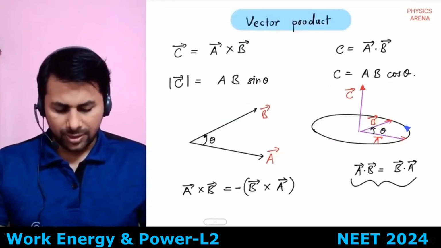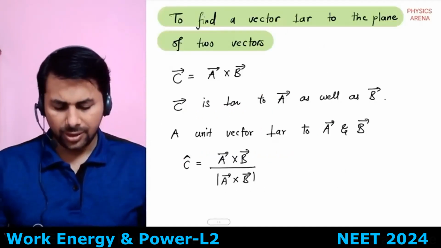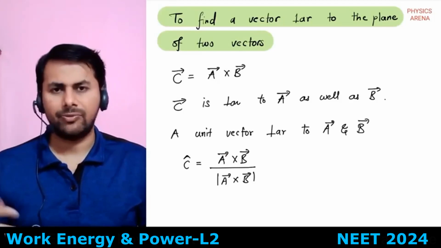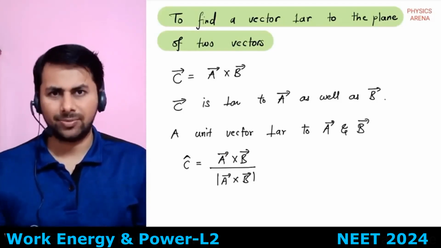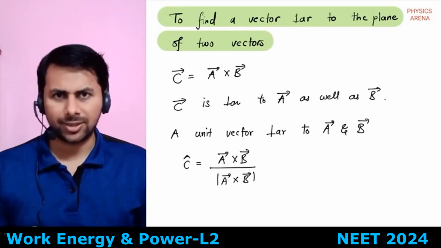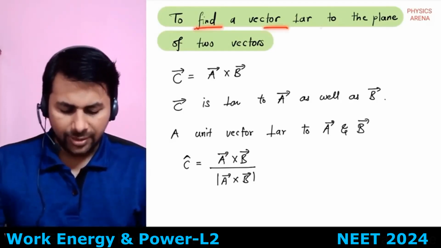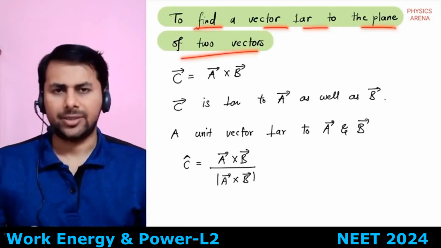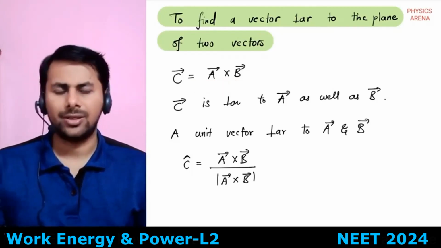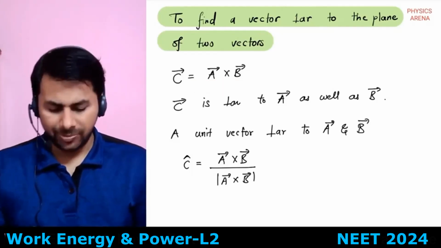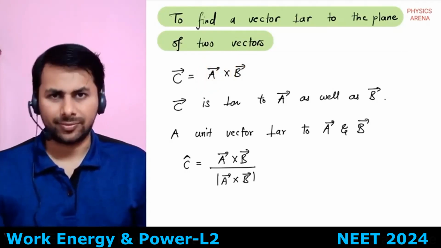Now what is the use of this vector product? Vector product is used to find many quantities in physics, and there are some other uses also. One of the uses is to find a vector perpendicular to the plane of two vectors. The vector product of two vectors a bar and b bar is perpendicular to a bar and also perpendicular to b bar.